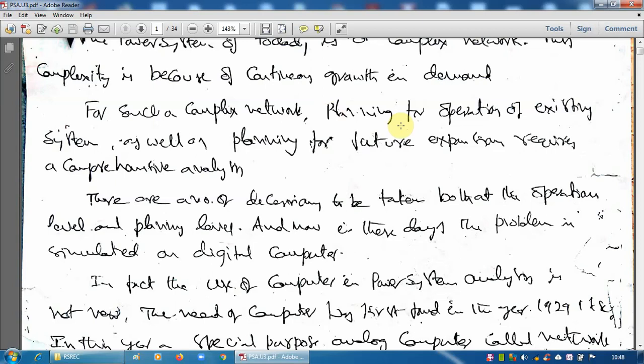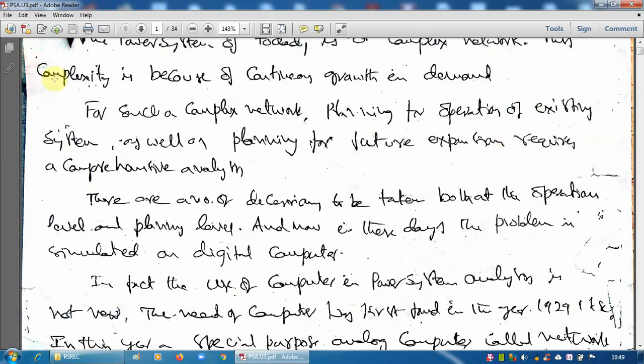That means if you want to expand it for meeting new loads, and if you want to operate it successfully, we need a lot of operational data, and that data is to be obtained by the power system engineer. So that data is very important. With that, we can take the right decisions. Therefore, getting that data is the duty of the power system engineer.